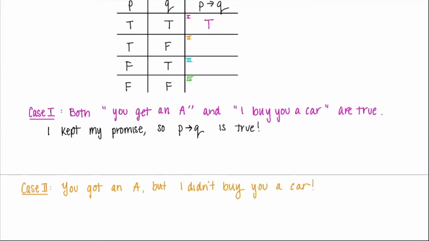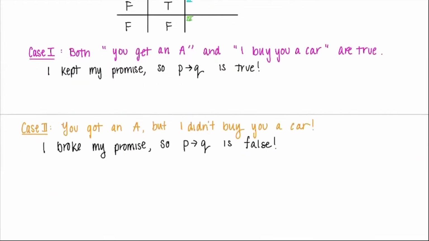And that's a problem. I didn't keep my end of the deal. So here I broke my promise. So my conditional statement, if P happens, then Q happens, is false. And that makes sense. If P happens, which it did, Q should happen, but it didn't. So I didn't perform something accurately.